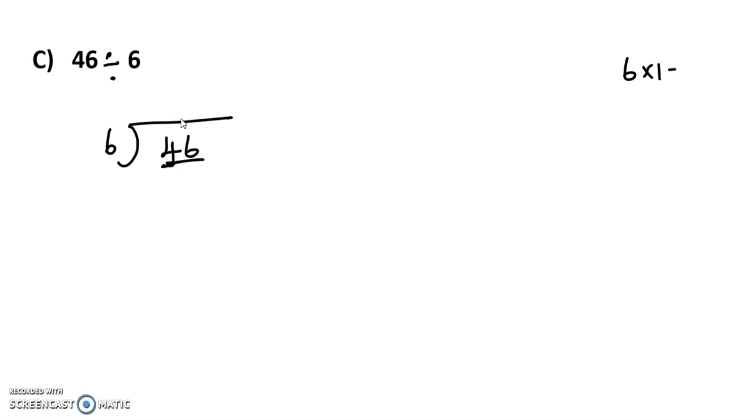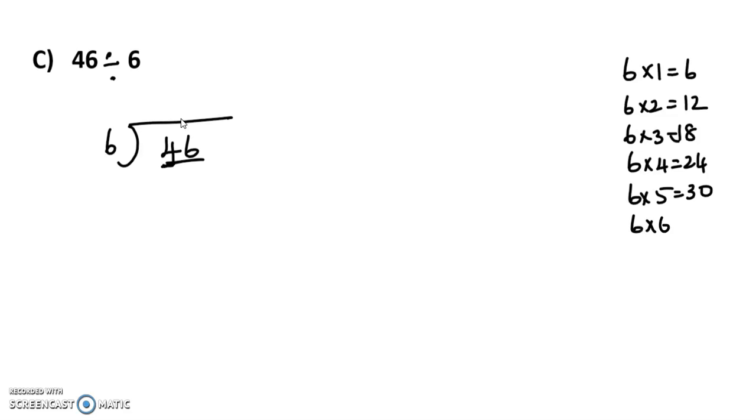So we'll write the 6 table, 6 ones are 6, 6 twos are 12, 6 threes are 18, 6 fours are 24, 6 fives are 30, 6 sixes are 36, 6 sevens are 42, 6 eights are 48.